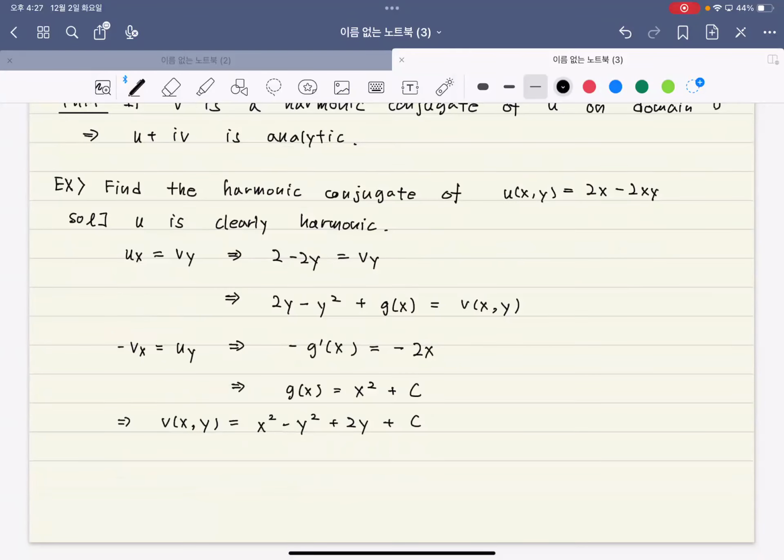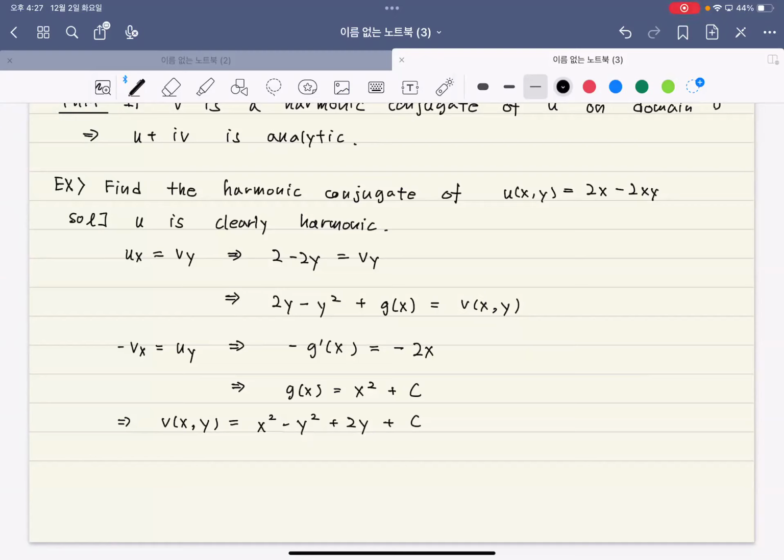Okay, so the question is, does every harmonic function have its own harmonic conjugate? The answer is no. Sorry, I erased this, but you know what I mean. We already have a very nice counterexample: the natural log of x squared plus y squared. Even though this is harmonic, it doesn't allow a harmonic conjugate.